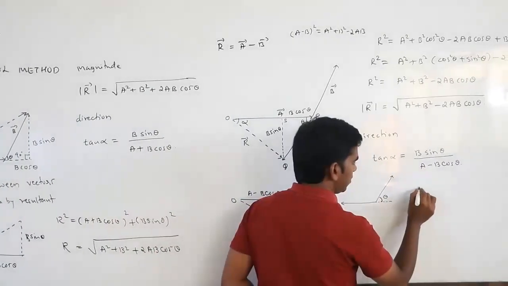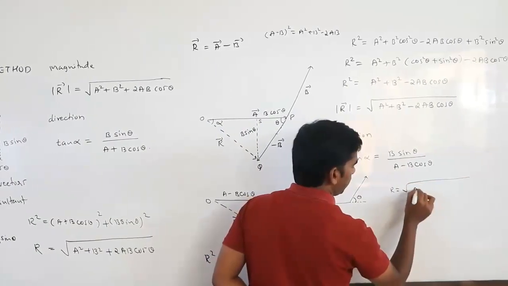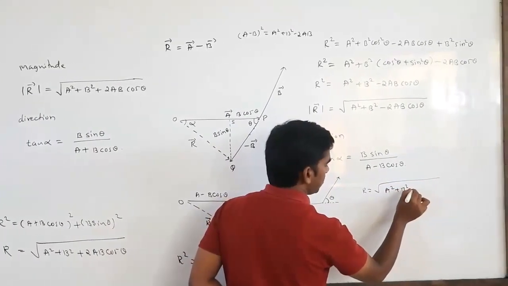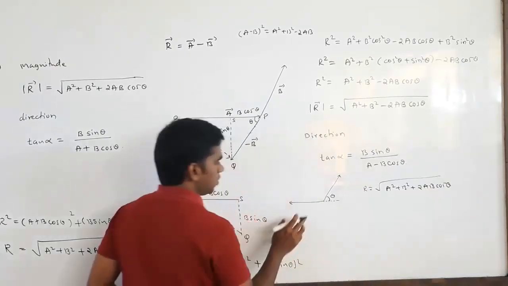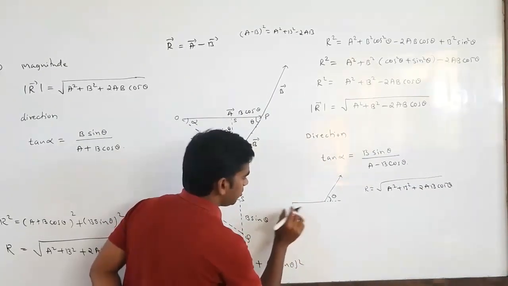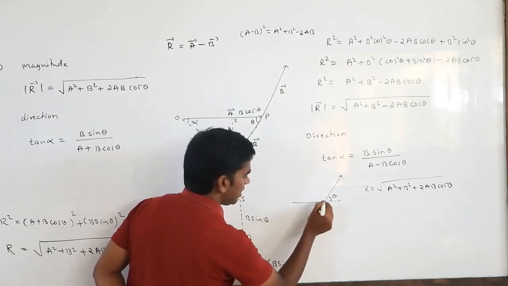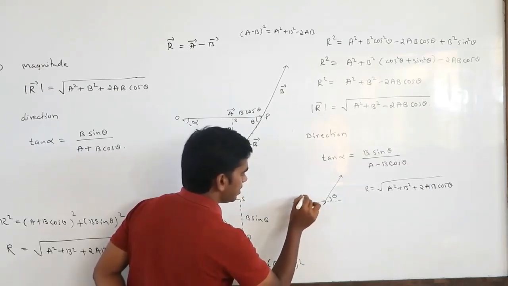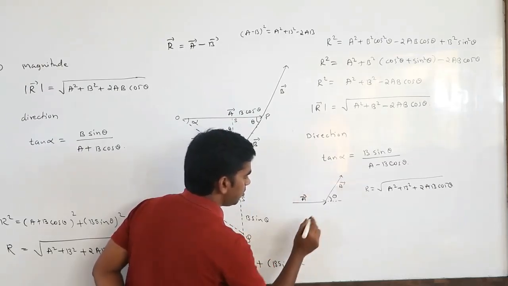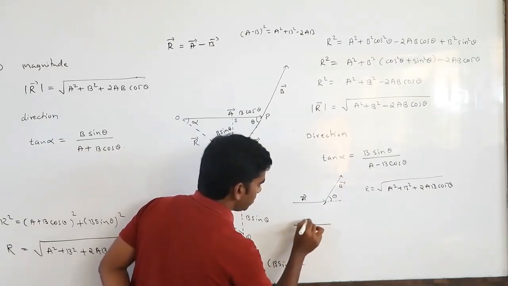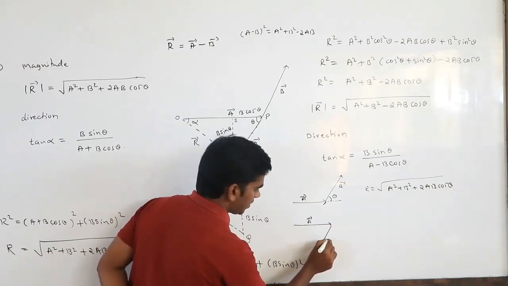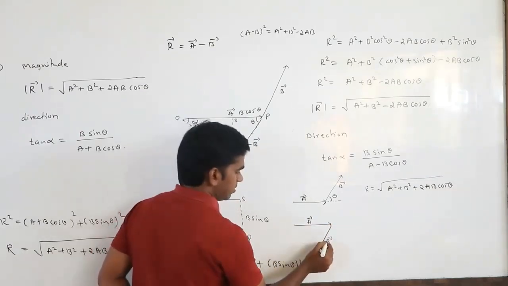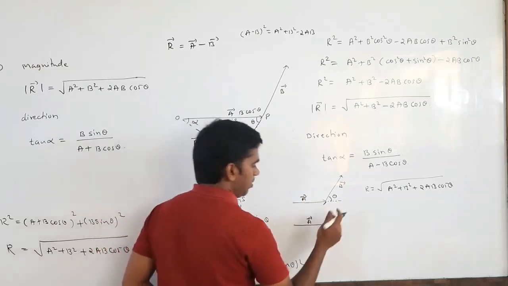So you can write it as root of a square plus b square plus 2ab cos theta. Okay, if you make it subtraction, this is a and this is b. What will happen? This will be a and this will be minus b.